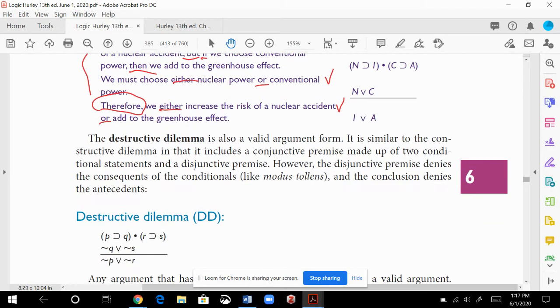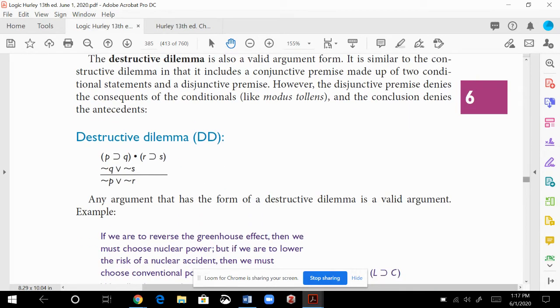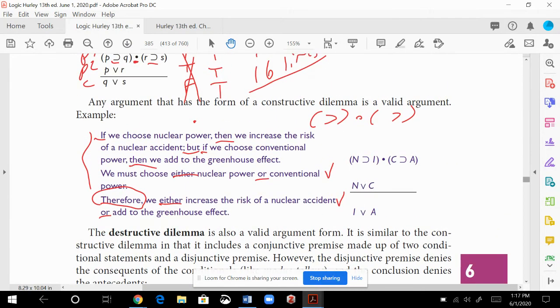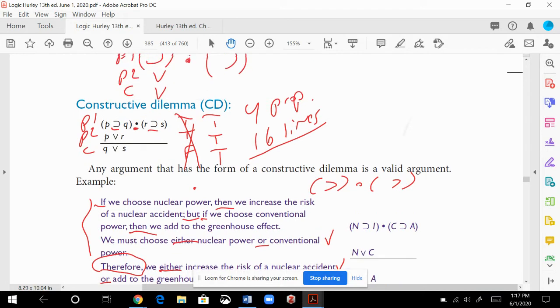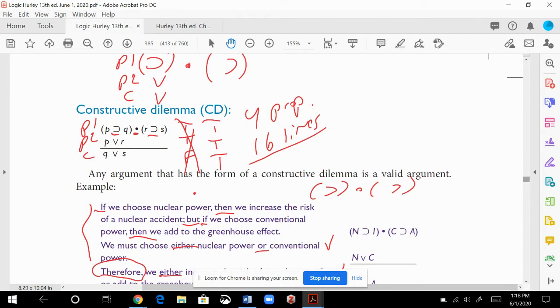The destructive dilemma is a little different. You have what looks like the same kind of pattern for that first premise, but the second premise is denying the antecedents of both. In fact, let's look up. The constructive dilemma, premise 1, looks exactly the same as the destructive dilemma.